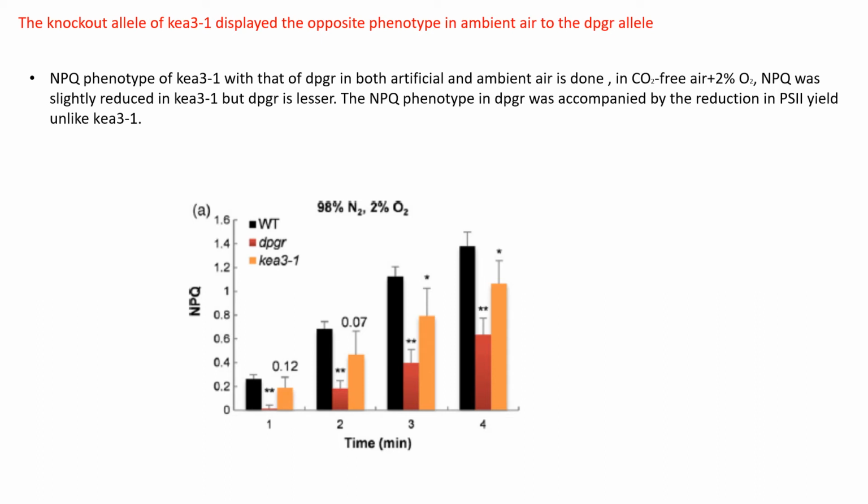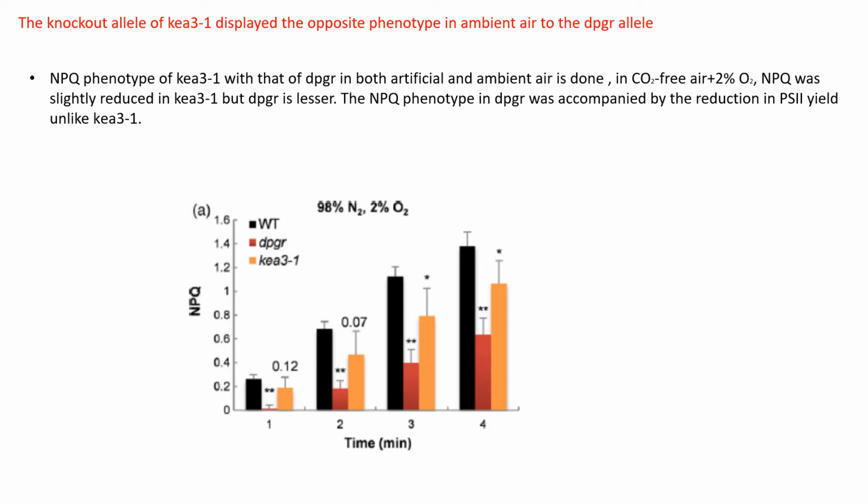The NPQ for the wild type, the DPGR mutant and the KEA3 knocked out mutant was analyzed, and the results suggested that the NPQ phenotype for the KEA3 mutant was completely different from that observed for DPGR.